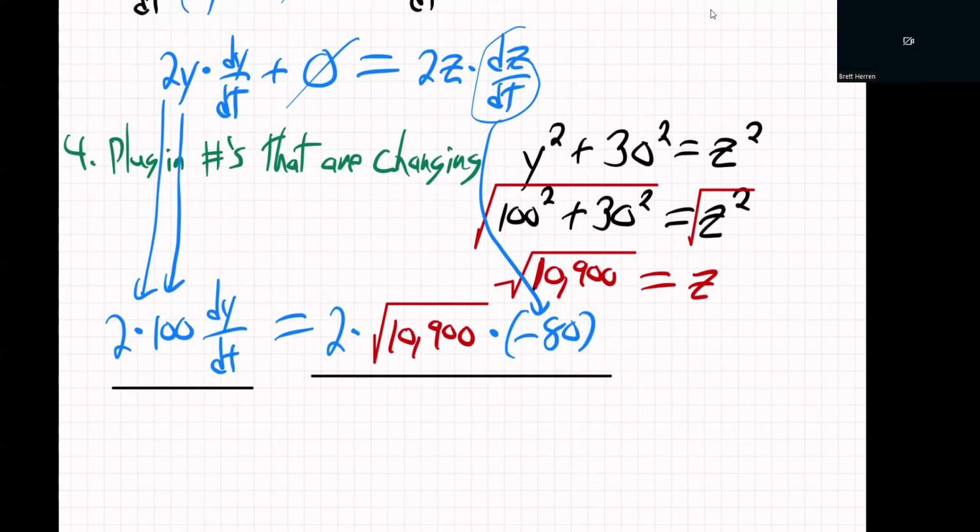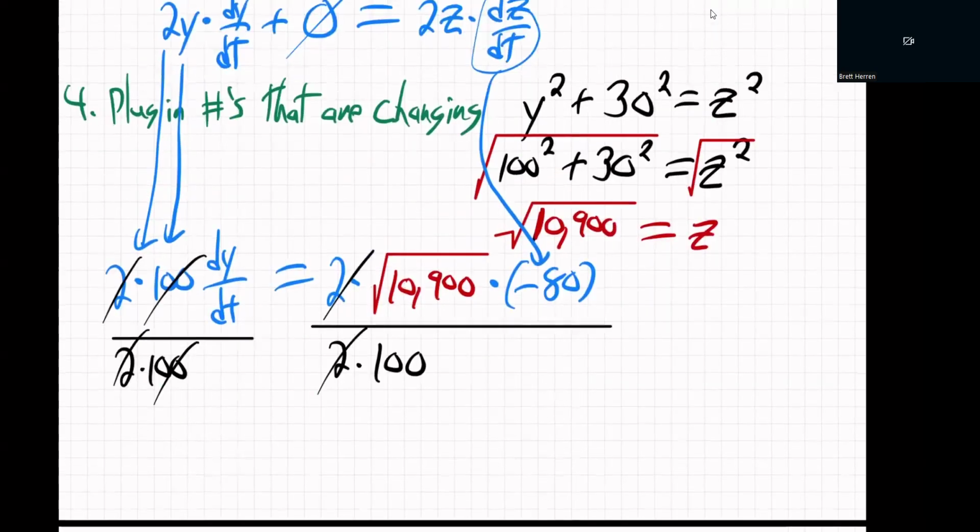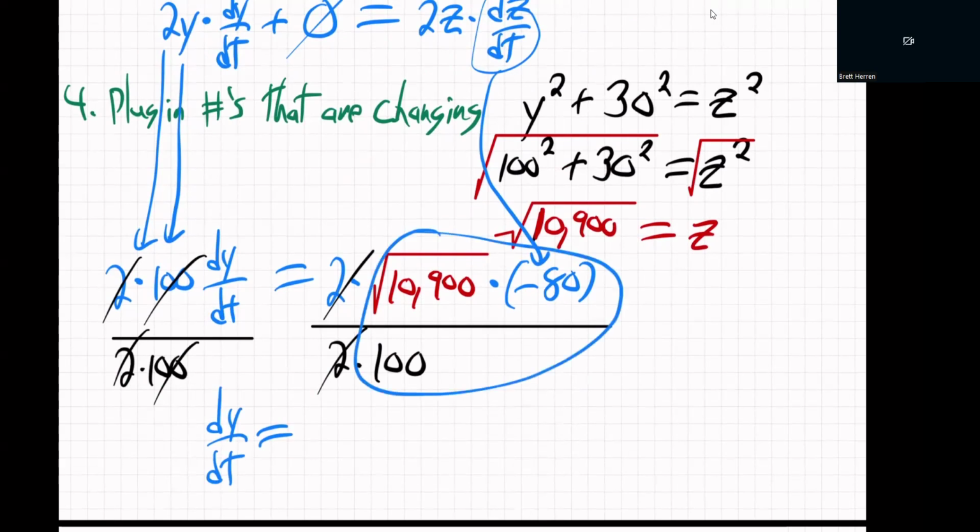So divide both sides by 2 times 100. Hey, these cancel. So there we go. So dy/dt equals, and then I'm going to type this into Desmos. Square root of 10,900. Let's go to Desmos.